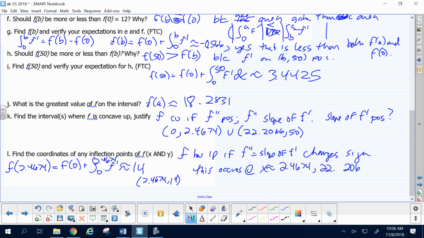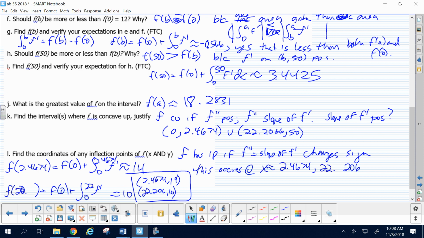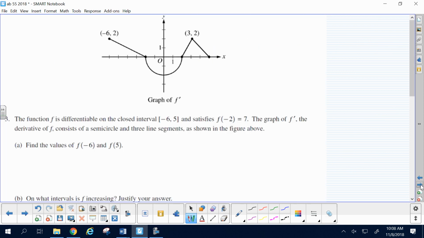The other was 22-ish, and that's by fundamental theorem, 0 to 22-ish. I got 10 for that. So your two points are those, 22.206. Good? All right.